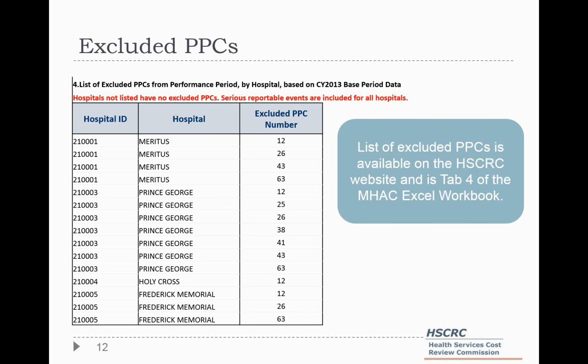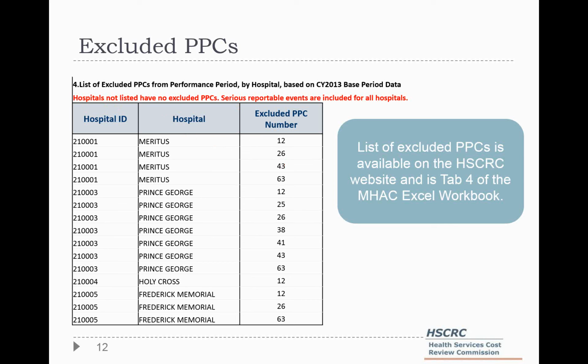This next slide just shows you a snapshot of what the excluded PPC list looks like. As you can see here, for example, Meredith has 4 PPCs removed: 12, 26, 43, and 63. That means they had either less than 10 cases at risk or less than 1 expected during the calendar year 2013 base period.